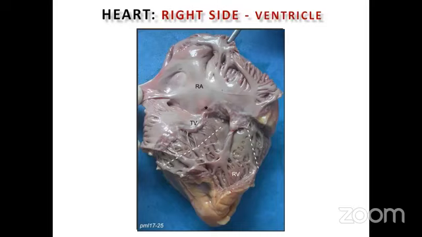And please note that the membranous septum not only separates the left ventricle from the right ventricle, but also separates the left ventricle from the right atrium. So please remember that this would be the position of the interventricular septum, and you can see a subtle bulge which is produced by this membranous septum.